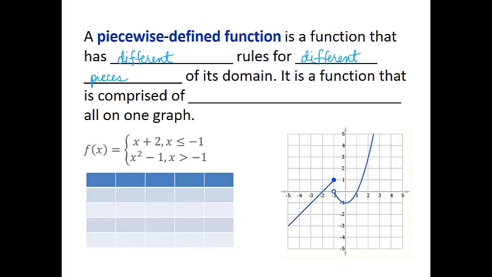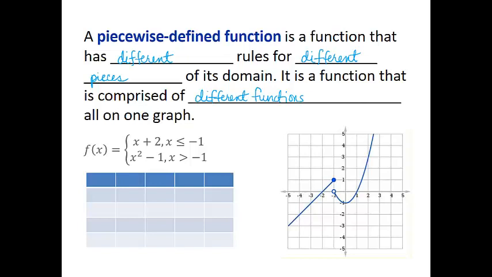So it is a function that is comprised of different functions all on one graph. Here's an example. F of x is equal to x plus 2 for x less than or equal to negative 1, but is equal to x squared minus 1 for x greater than negative 1.